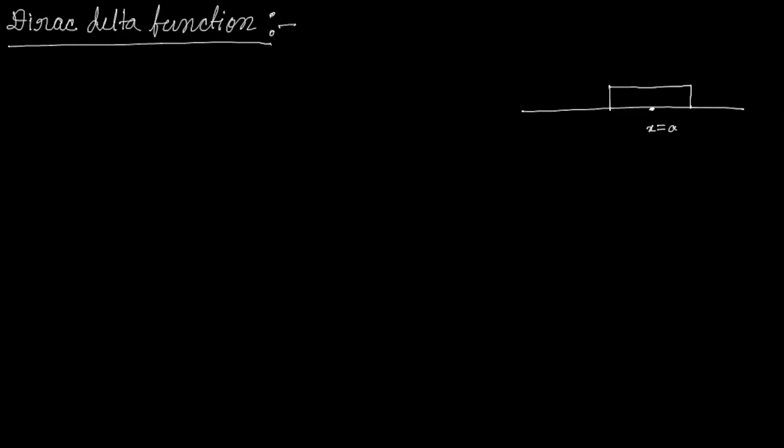So we are considering a function whose width is delta x and height is h, and one more condition: the area under this curve is unity. Then we can write delta x into h equals 1.